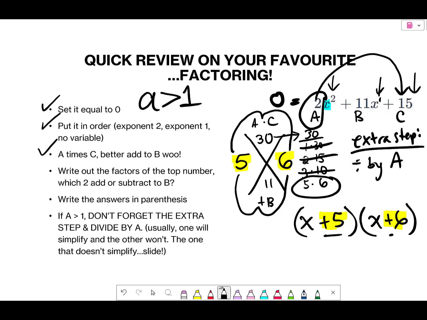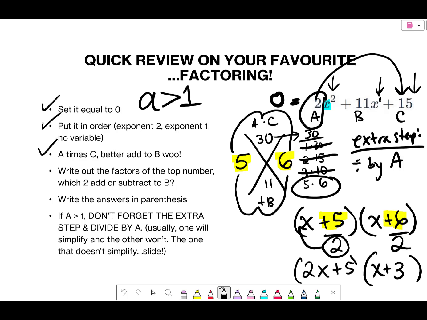Okay, so I'm going to divide by a, and a is 2. Usually one group you can simplify, which will be the second group in this case. 6 divided by 2 is 3. So that's the group I can simplify. Normally the other group you can't simplify, so you take the denominator and you slide it in front of the x. So this is actually going to become 2x plus 5.